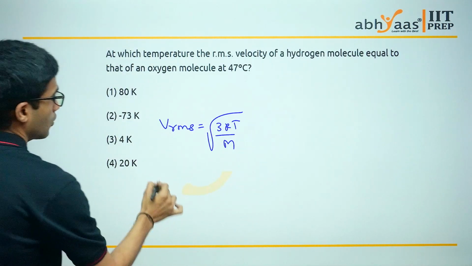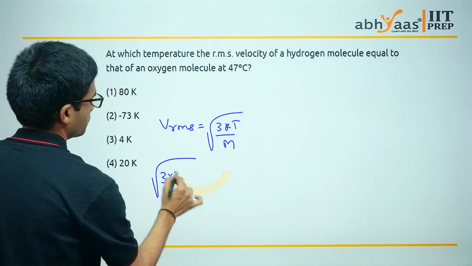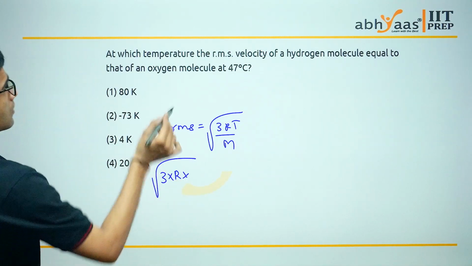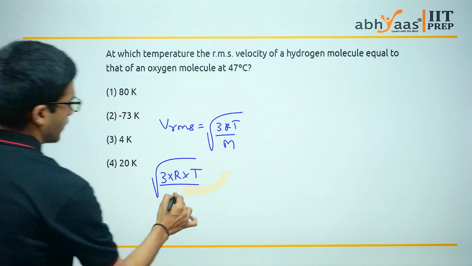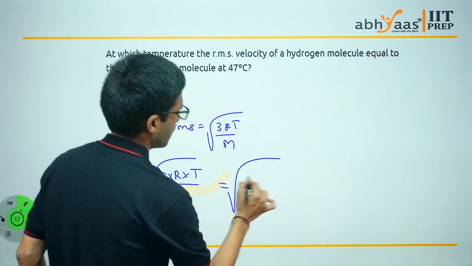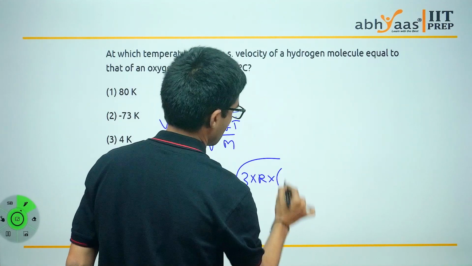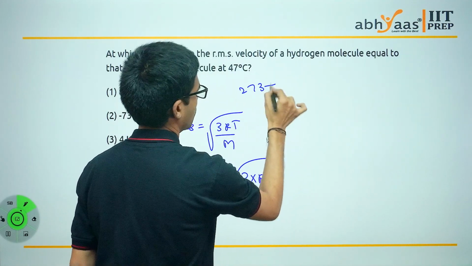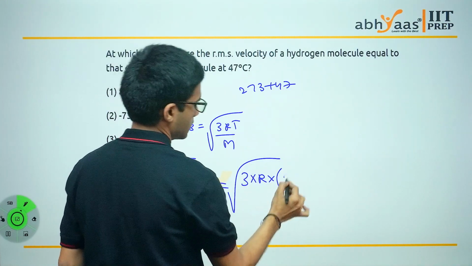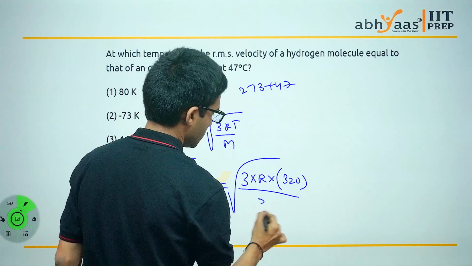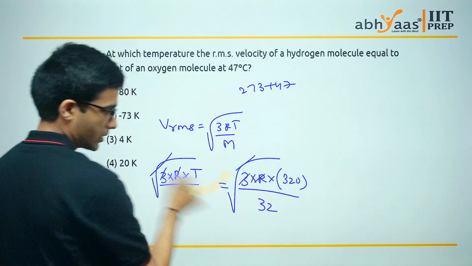For hydrogen, 3R times the temperature, by molecular weight of hydrogen, which is 2. Similarly for oxygen, 3 into R into temperature, 273 plus 47 degrees, that is 320, by molecular weight 32. The root gets cancelled, and the 3 gets cancelled after removing the root.